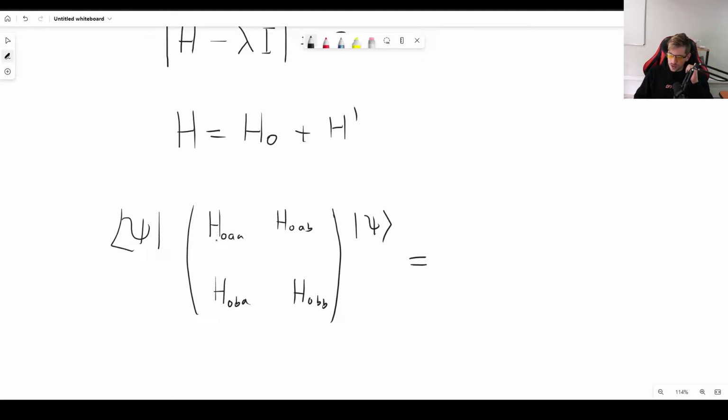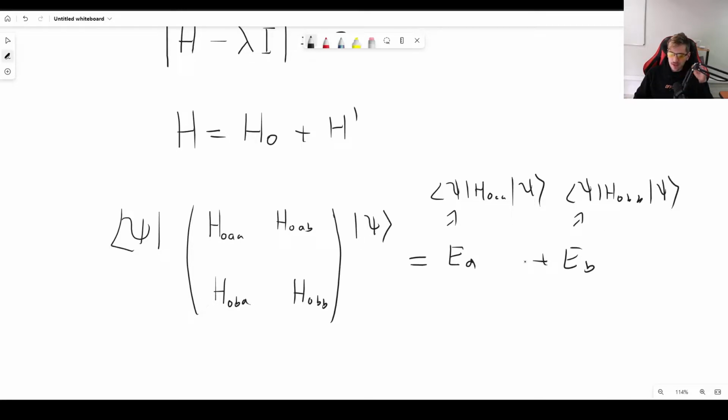But we know that the result we get is going to be EA when we have psi A H0 psi A, and we get EB when we have psi B H0 psi B, and everything else is 0. So for that reason, there is nothing in the off-diagonal terms, and the diagonal terms are simply EA and EB.